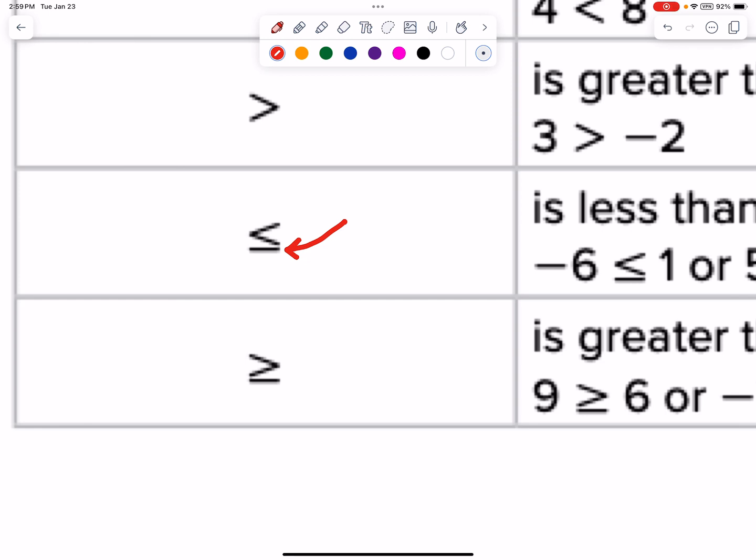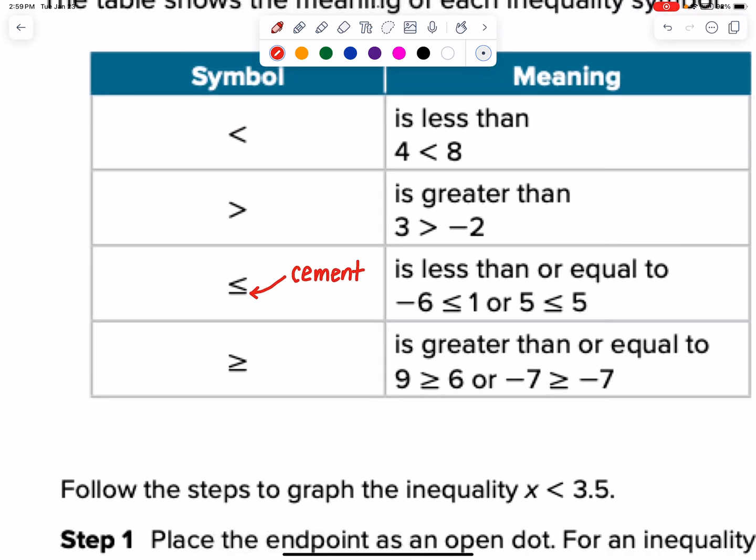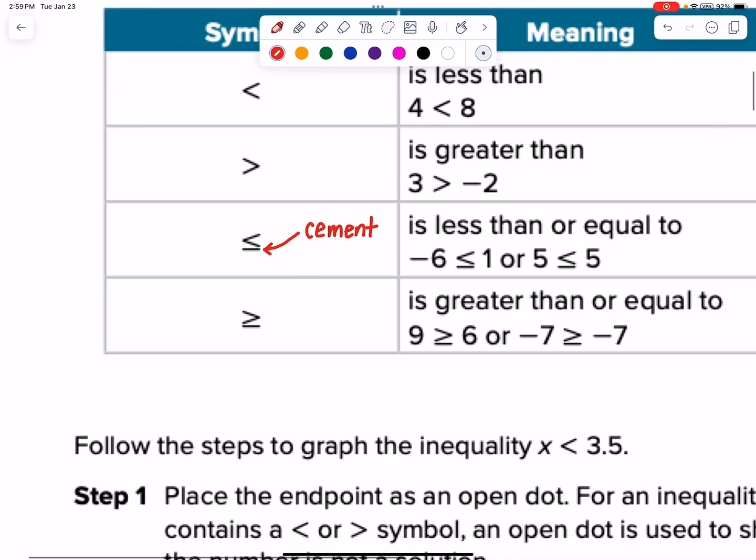But for the purpose of this lesson and the next lesson, I want you to think about that as a piece of cement underneath. It means we're going to include that number. So is equal to is what that means.